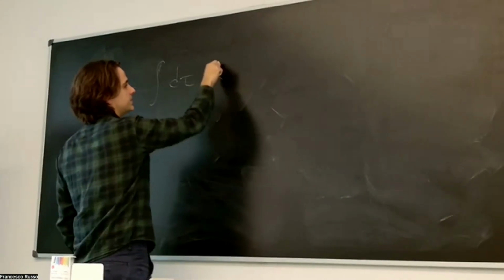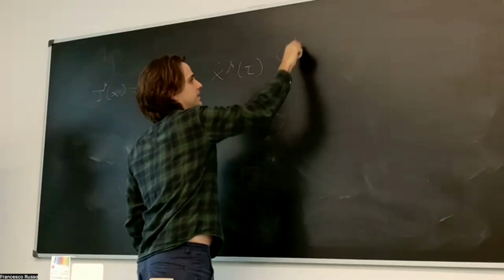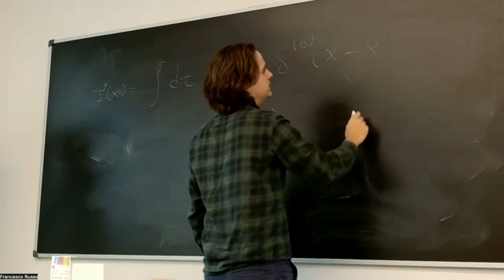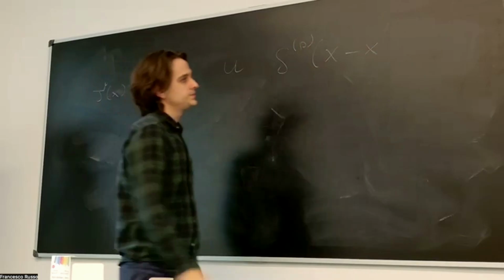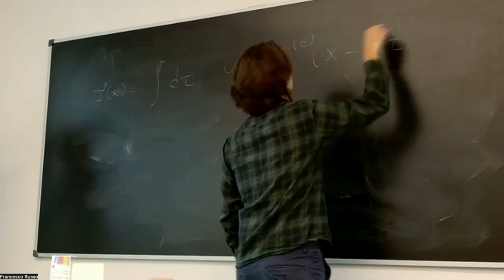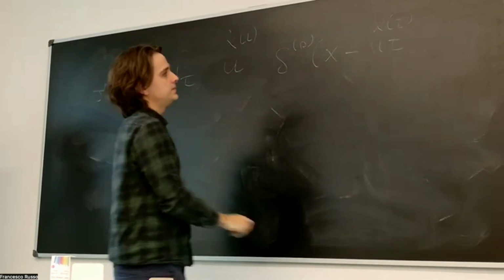So this would be the velocity, or some parameterization of the curve, and then an integral dv of x minus. Let's say it's traveling along a straight line, so this would be u, and this would be u tau.